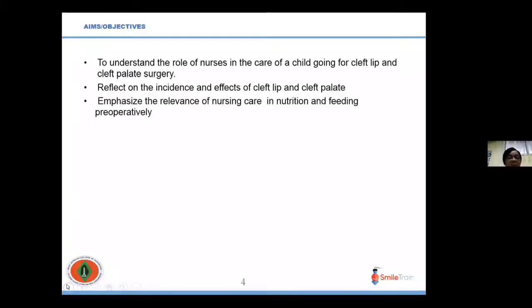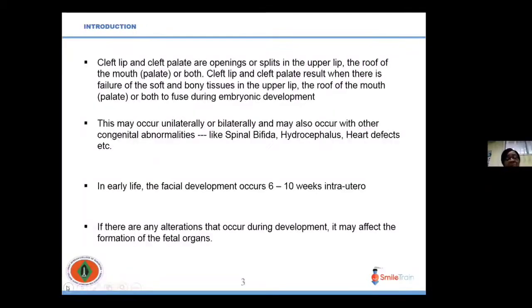Now, I said that cleft lip and palate are openings or splits in the upper lip, the roof of the mouth, which is the palate, or both. Cleft lip also results when there is a failure of the soft or bony tissues in the upper lip and the roof of the mouth, or both, to fuse during embryonic development.